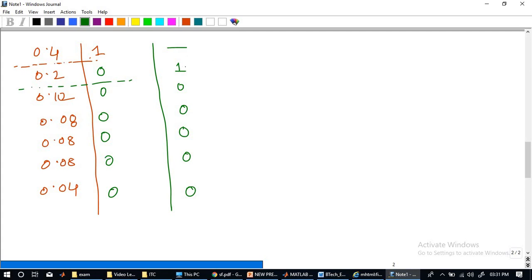The upper half I am giving 1, the rest I am giving 0. Again, in the third step when we are reaching, we don't have any element with 0.2, so we are left with 0.12. What is the addition of 0.08 and 0.08? This is 0.2.